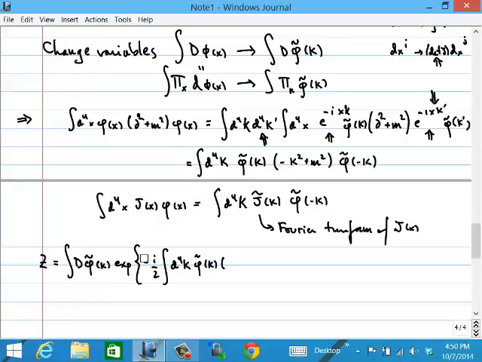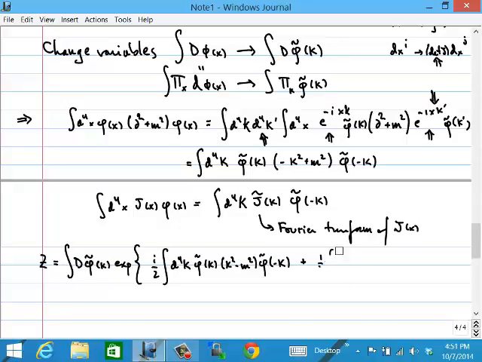Let's pull out that minus sign and write this as a (k squared minus m squared) phi tilde of minus k. And then we have a J tilde of k times phi tilde of minus k.